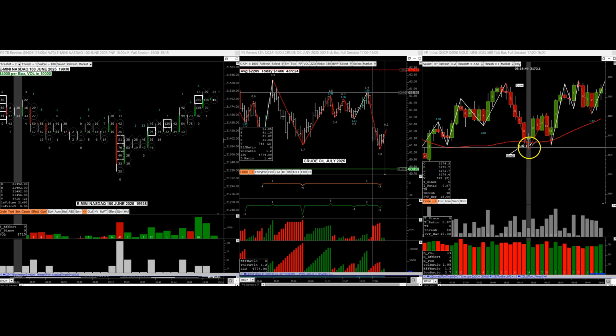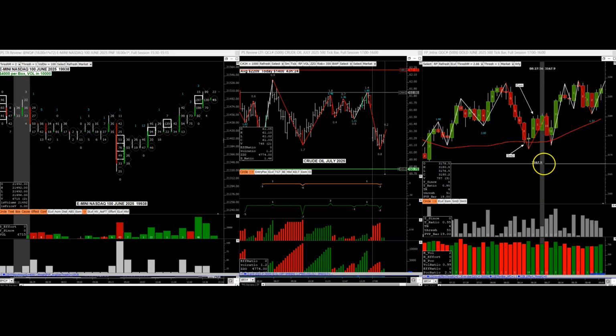Supply meets demand on this green bar, which has the biggest volume in 14 green bars, and demand overpowers supply because of the ease of movement.